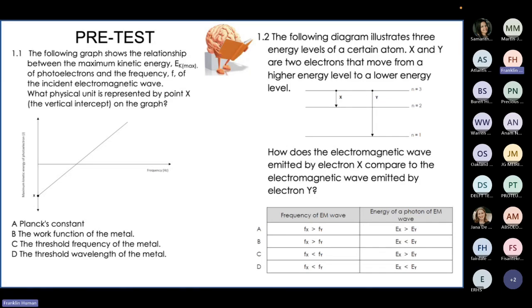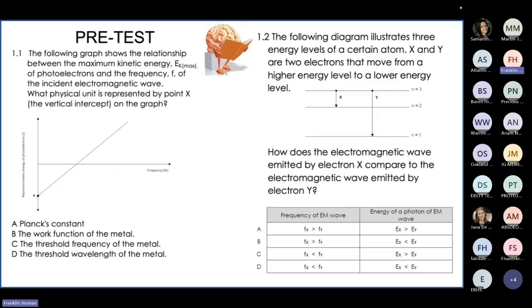The more fundamental question is this: what do we need for electrons to be kicked out? Well, those electrons need to absorb energy, right? Where do these electrons get the energy from? They get the energy from the light that shines onto their surface.